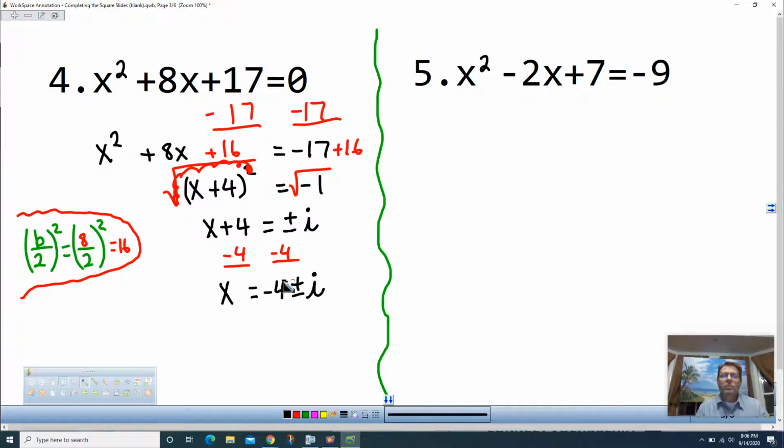Okay, so that's all we're doing, is forcing this scenario to happen. That's what completing the square is all about.